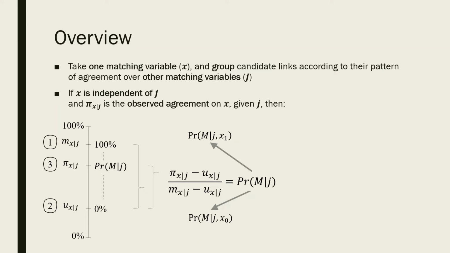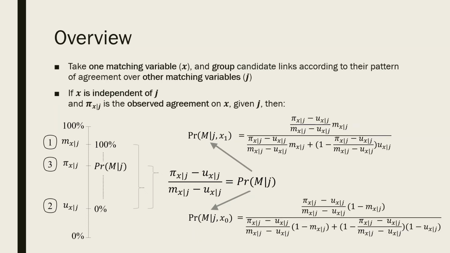And so we're reintroducing our one independent matching variable, and we can express those match probabilities in terms of the same three parameters: the observed agreement on the independent matching variable and the M and U values for that matching variable. These are horrible fractions, but they're just combinations of those same three proportions re-expressed. And so we're aggregating back up to our target parameter, the match probability.